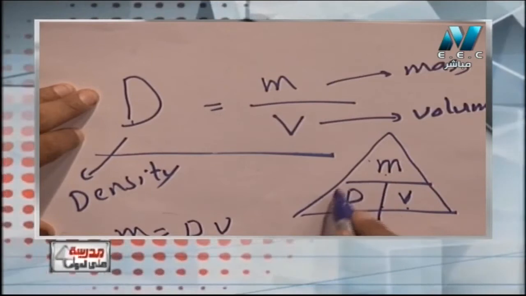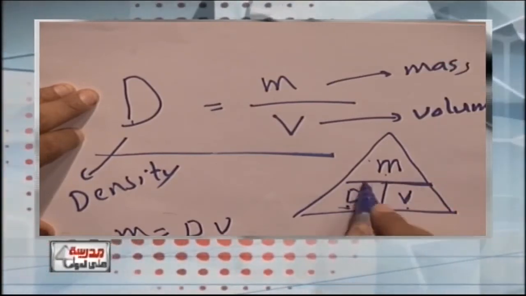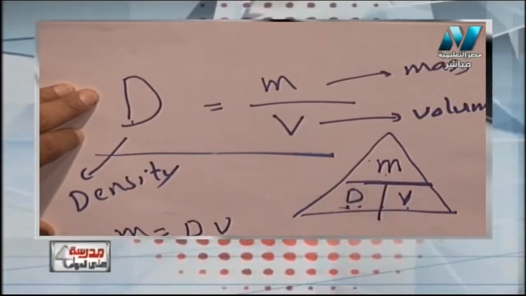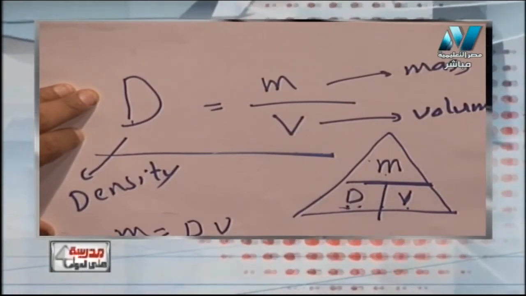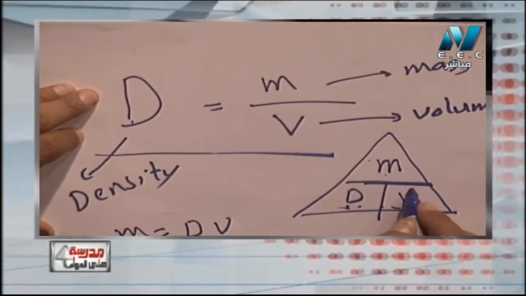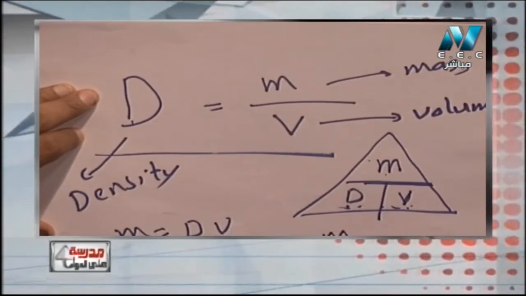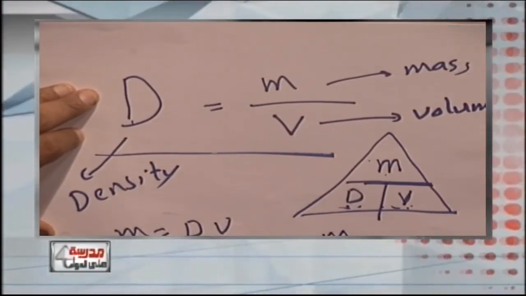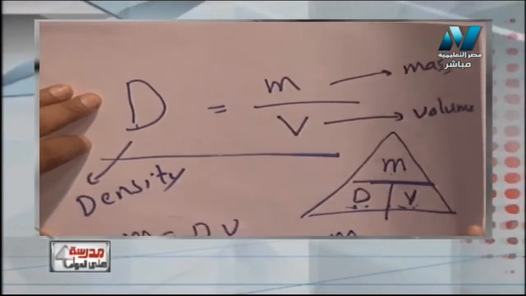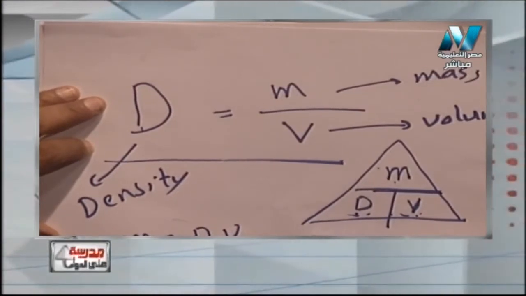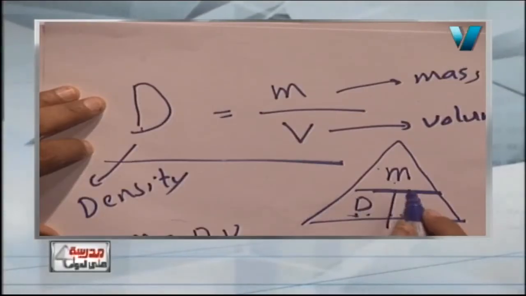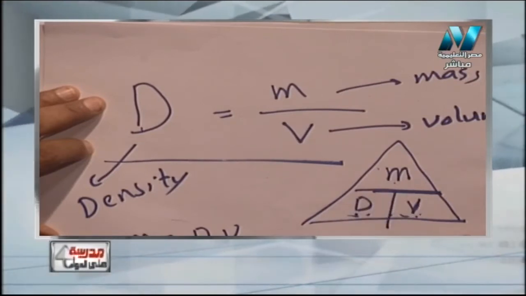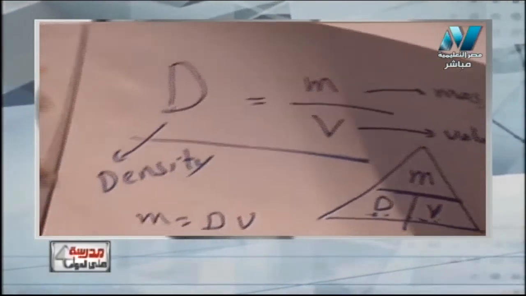If I want to get density, it's mass over volume. And if I want to get volume, volume equals mass over density. This triangle is very important for any student who studies science. You should know how to make this triangle to solve any problem.